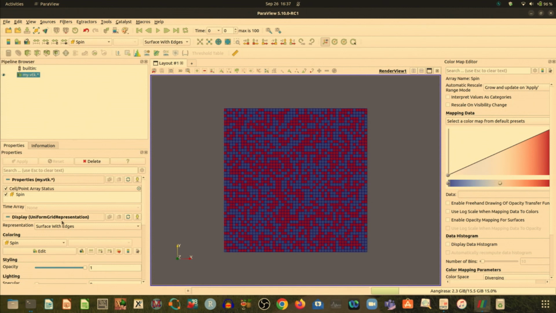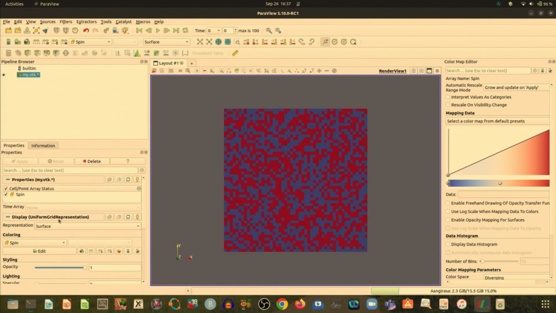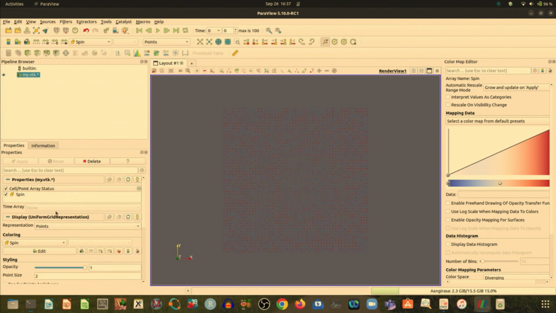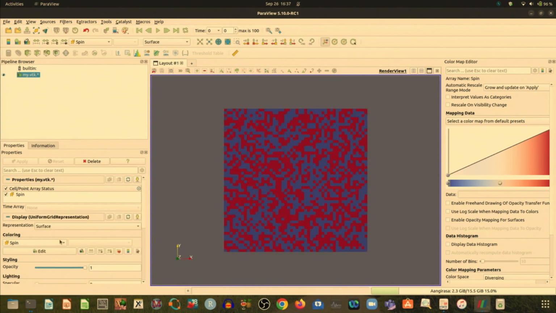This is similar to what Ferdy was showing, except that here they are all square and what Ferdy showed was circular. So, there are options you can do. There is also one where you can put points. So, there are many options. I finally found that surface looks nice, or surface with edges looks nice. So, we can do one of that.